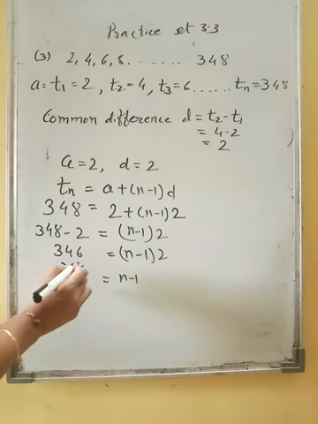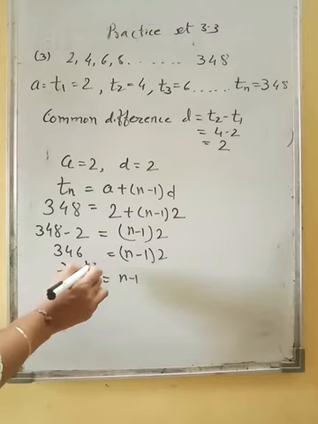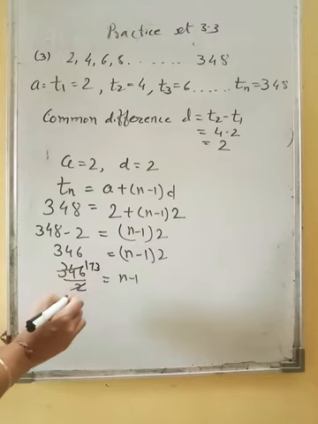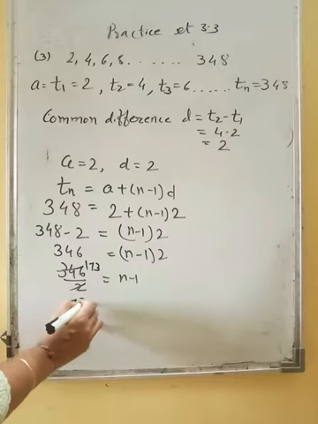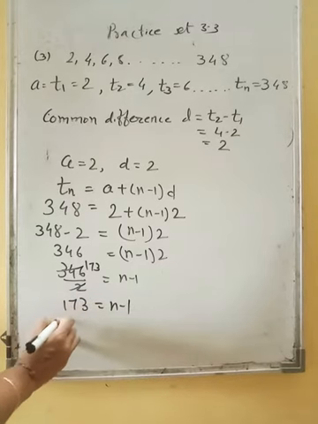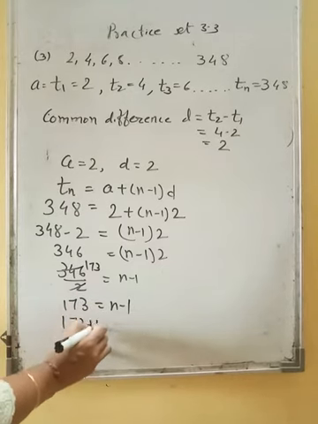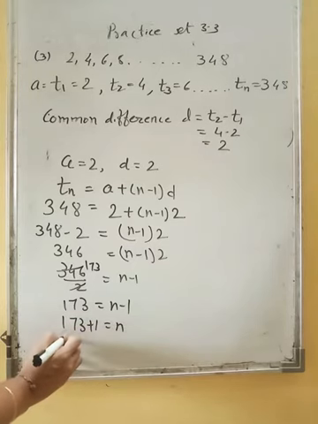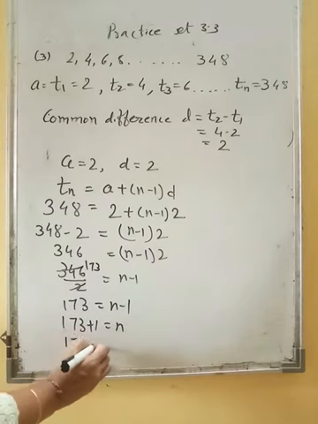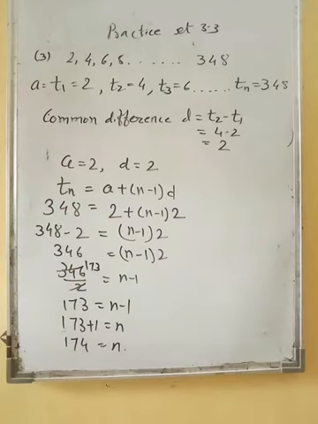Here it will be 173. So you have 173 is equal to n minus 1. So 173 plus 1 is equal to n. So that means 174 is equal to n. Yes, we got n. Once you know A and D, then Tn and n, if one is given, the other things can be found.